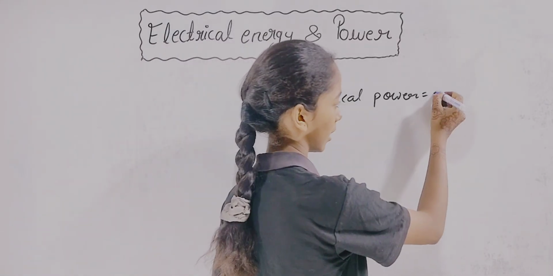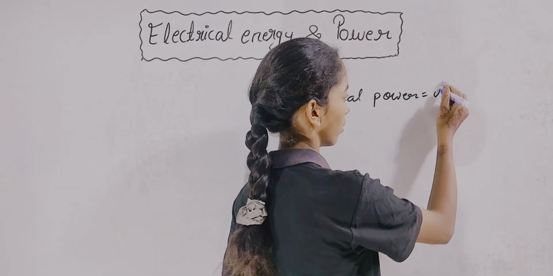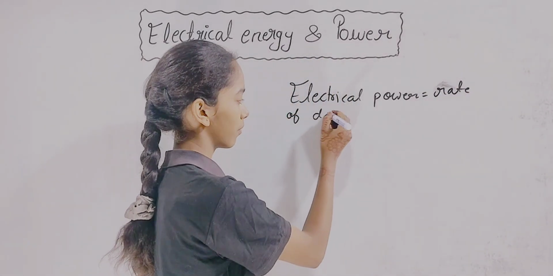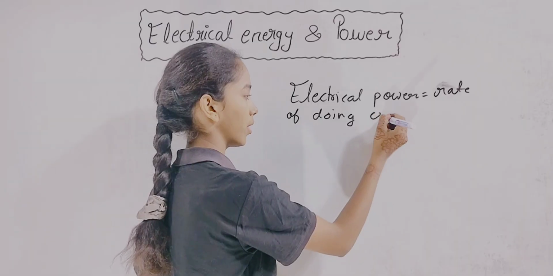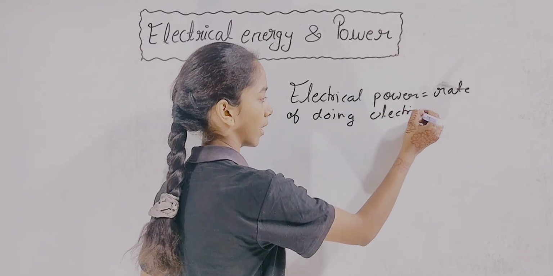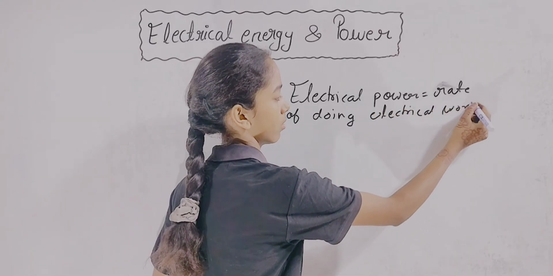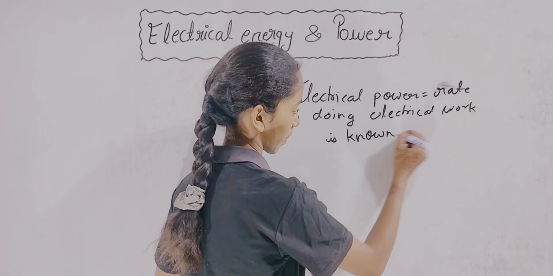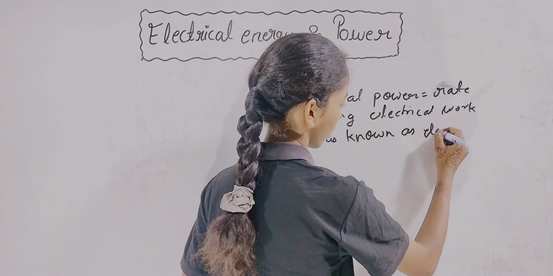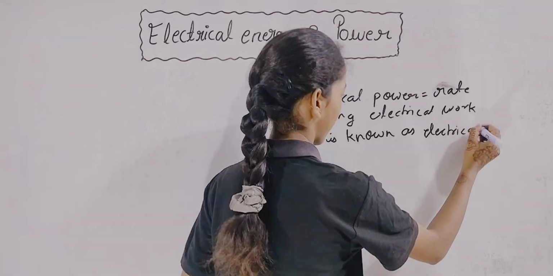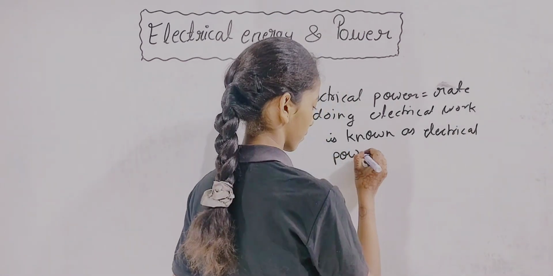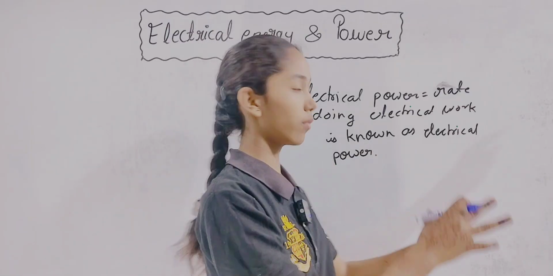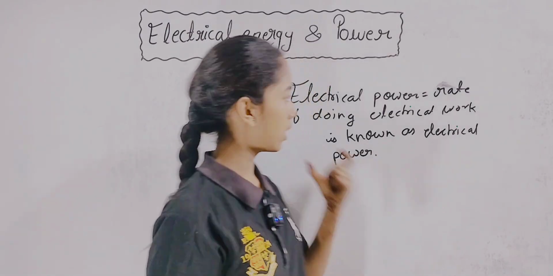So we can write that the rate of doing electrical work is known as electrical power. If we are doing any electrical work, the rate of doing that work is known as electrical power.